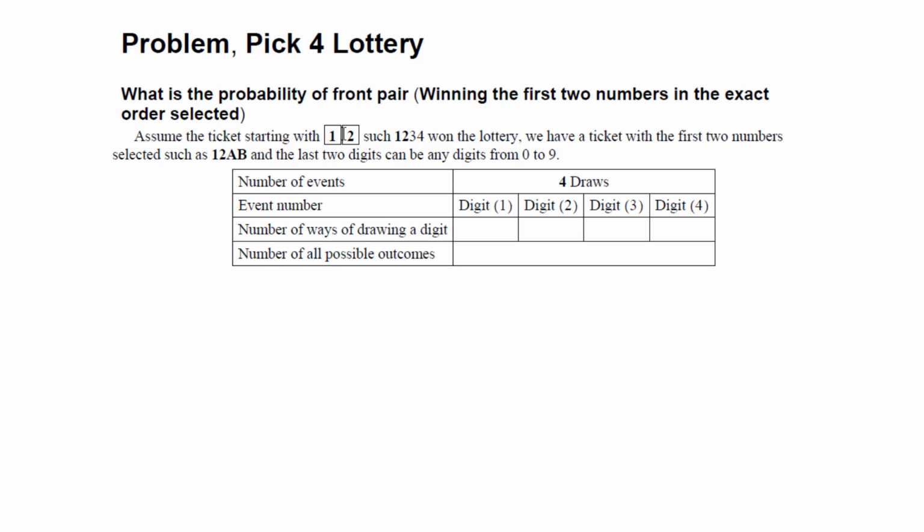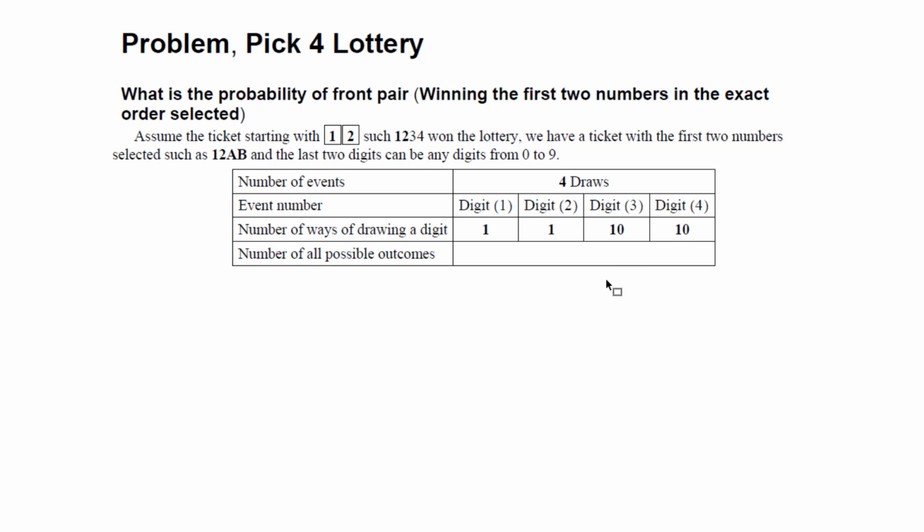So in such a case, we have the first two digits fixed and the last two digits are different. We can select the first digit in one way only and the second digit only in one way because they are already fixed. But the last two digits, each one can hold any number, which means it can be selected in 10 different ways each.